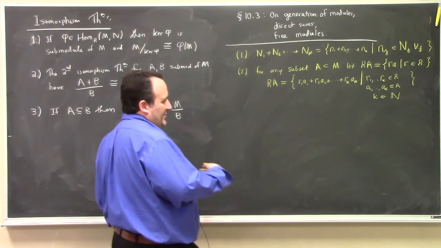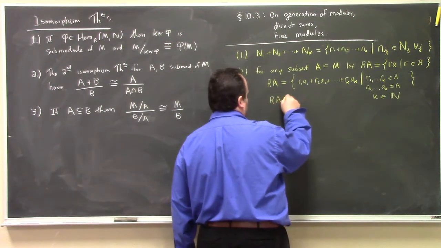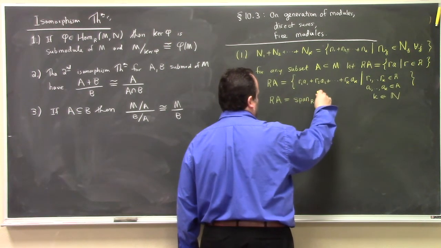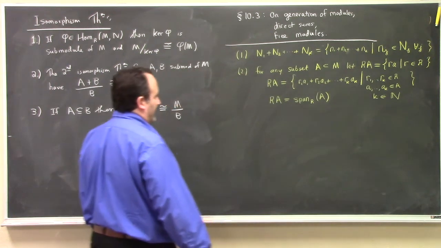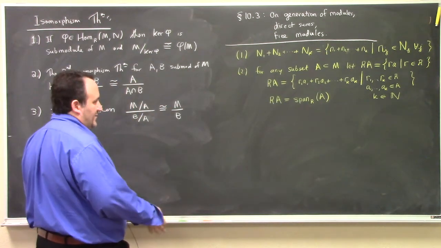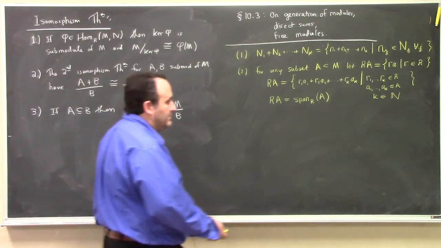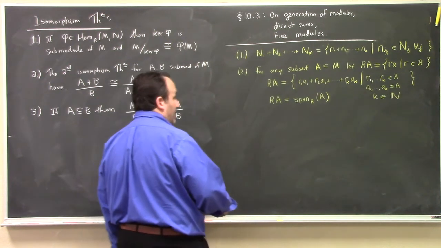Another notation I might use for this is RA, the span over R coefficients of A. That's a more linear algebraic notation for this idea, but it's the set of all finite R linear combinations of things taken from A. That's what it is in words.